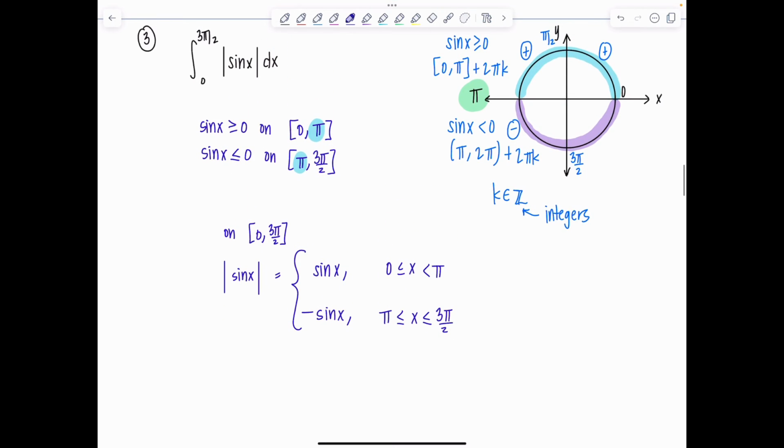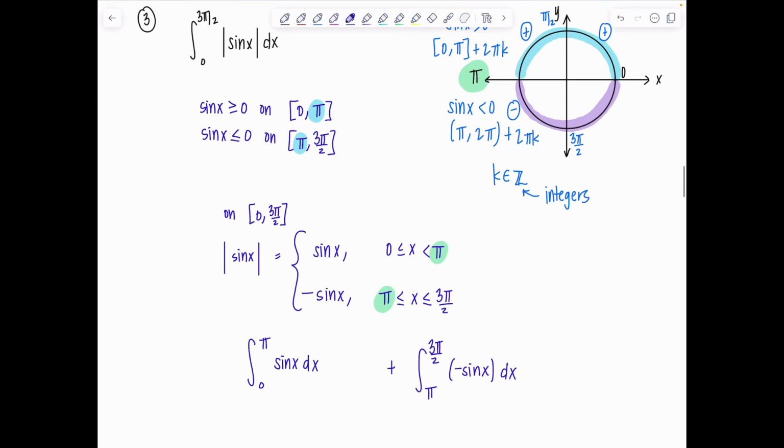So instead of 0 to 3 pi over 2, we're going to switch it at pi. Very good. So 0 to pi plus, and then we have pi to 3 pi over 2. So 0 to pi, we're on this interval. So absolute value of sine x is just sine x dx plus, and then from pi to 3 pi over 2, we have negative sine x dx.